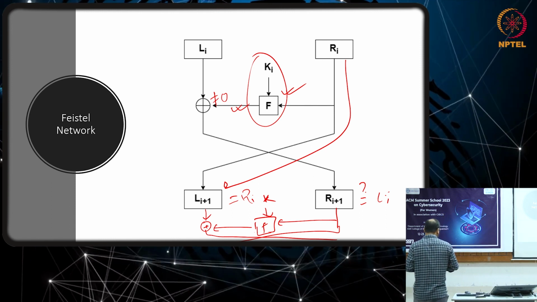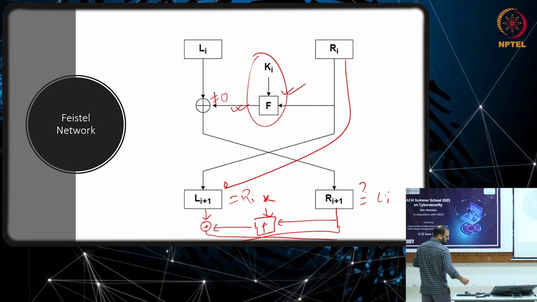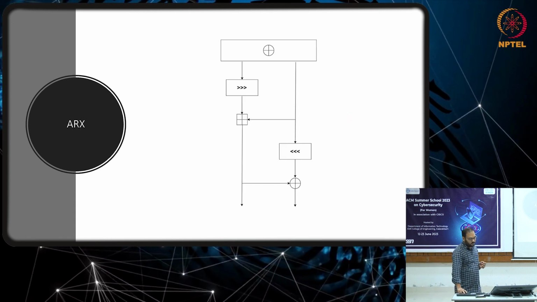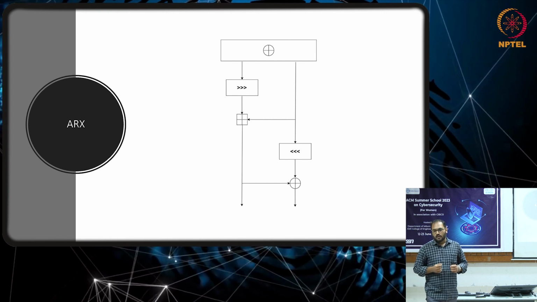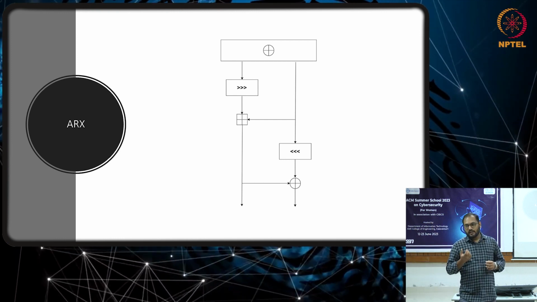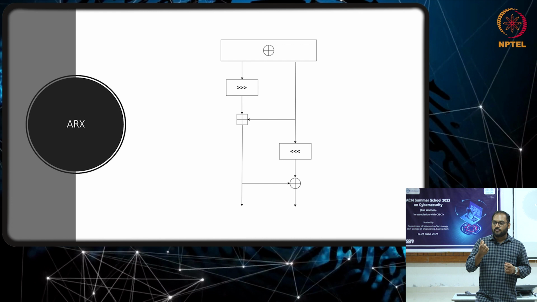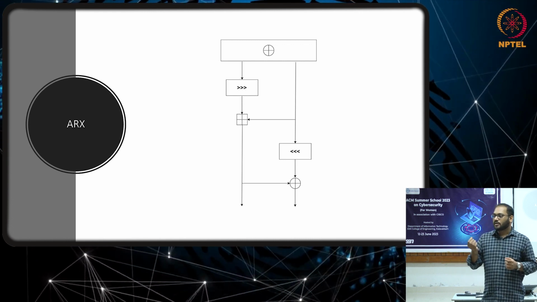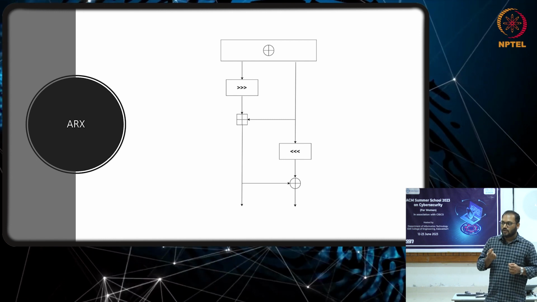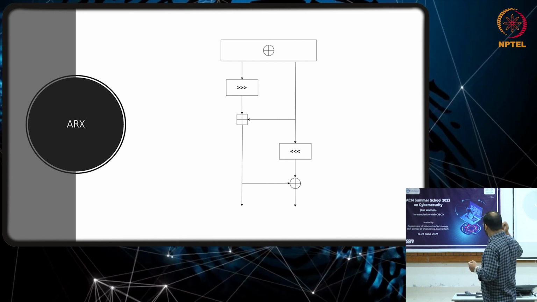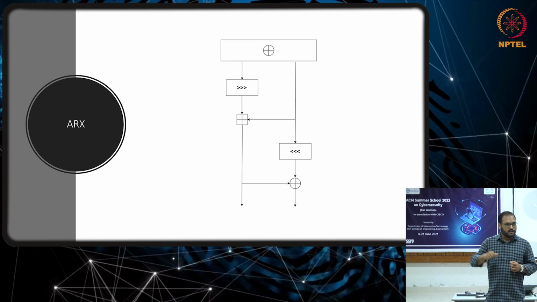So in that, this is a simple block diagram of ARX. In ARX, the new thing which is being introduced here is rotation. Have you ever seen this symbol, a square with a plus in it?